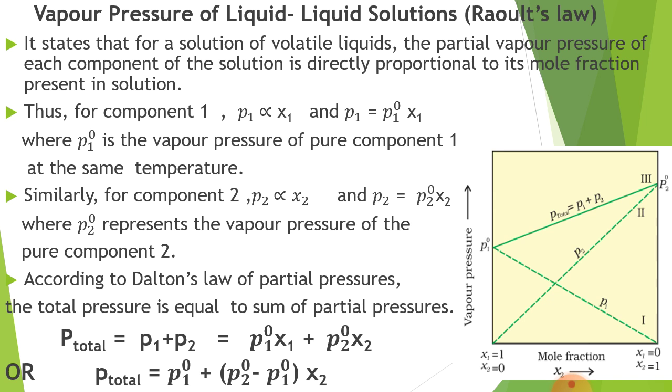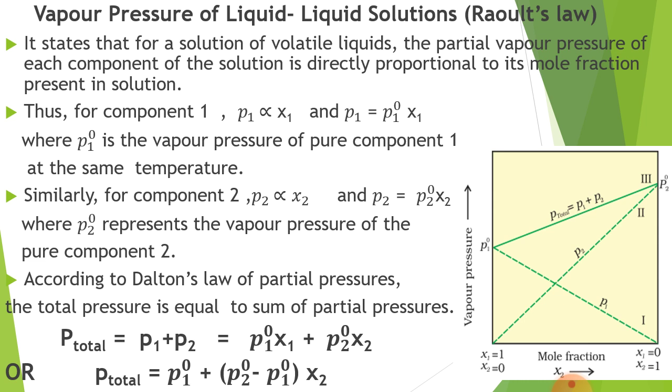So now for component 1, P1 is directly proportional to X1. As you know, the container contains two components, so the number of moles of one component depends upon the total number of moles of components. That's why the pressure depends upon the fractions of these moles, hence they are proportional to mole fraction.